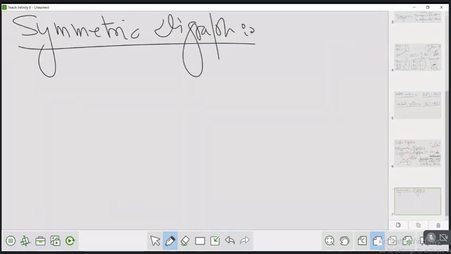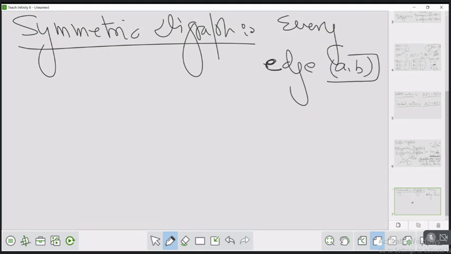Now, symmetric diagram. What do you mean by symmetric? A diagram in which every edge, A comma B, the ordered pair AB, is the representation of an edge.